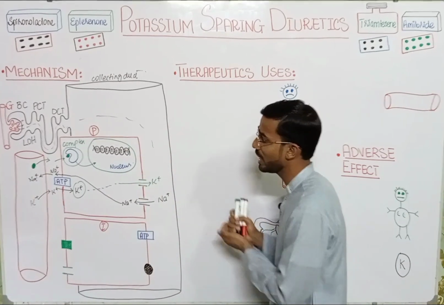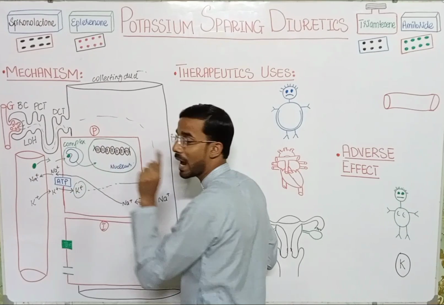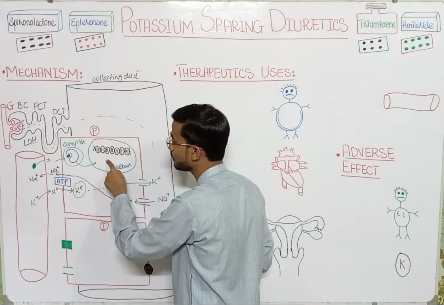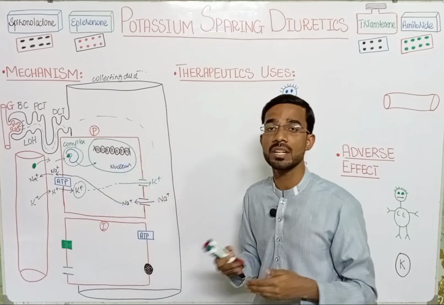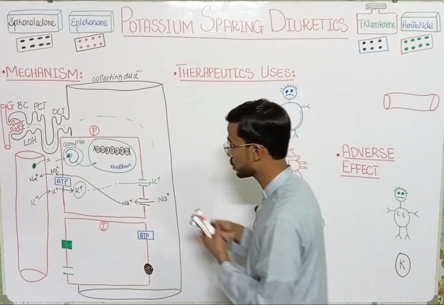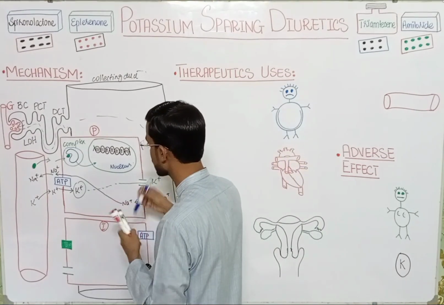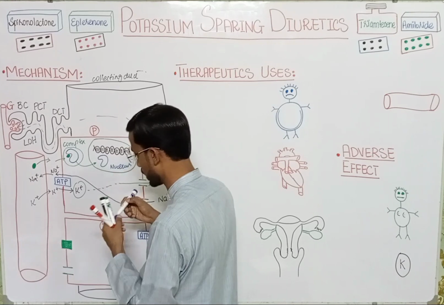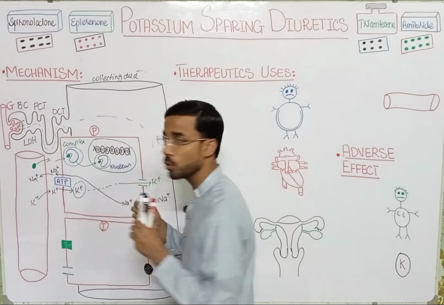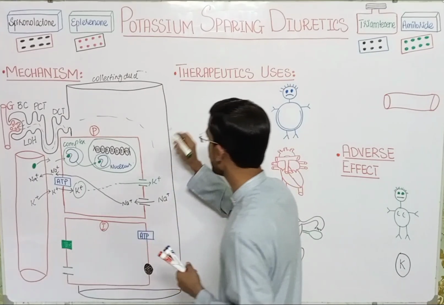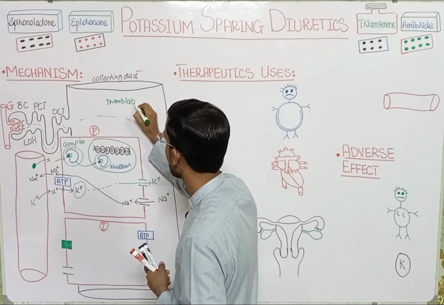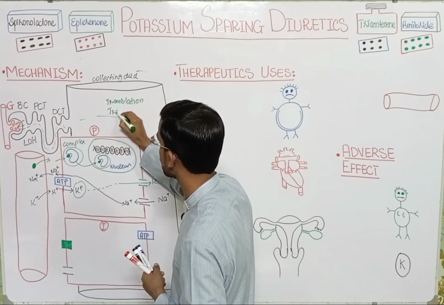The aldosterone-receptor complex moves inside the nucleus, and it helps in two processes: transcription and translation.